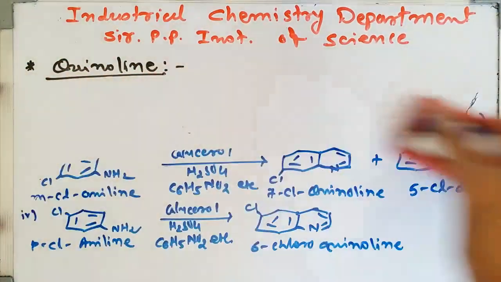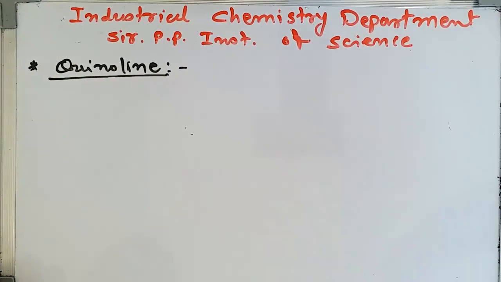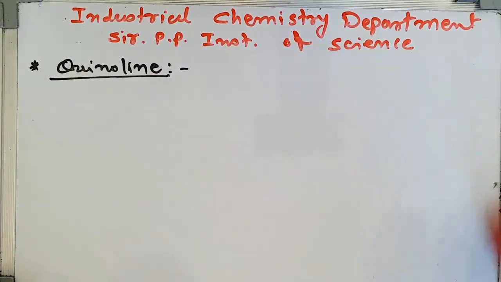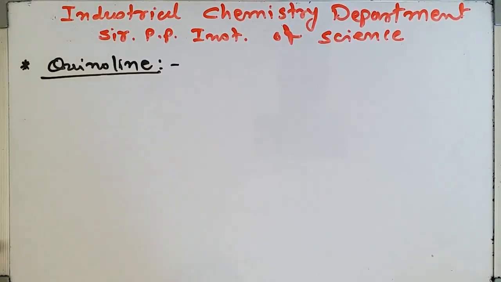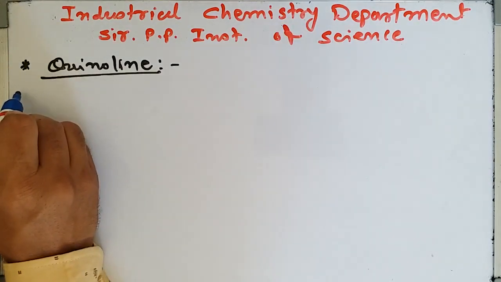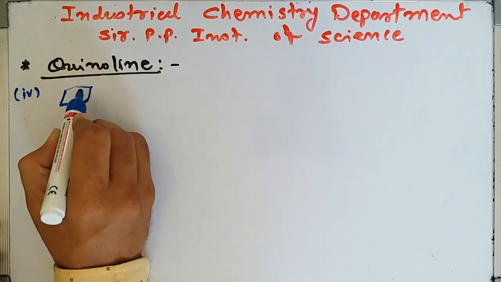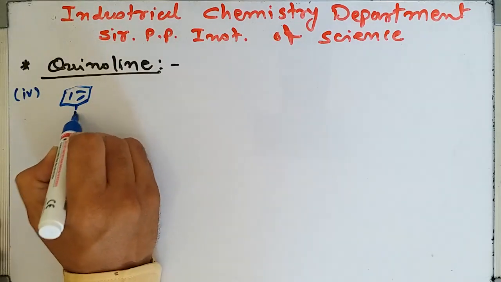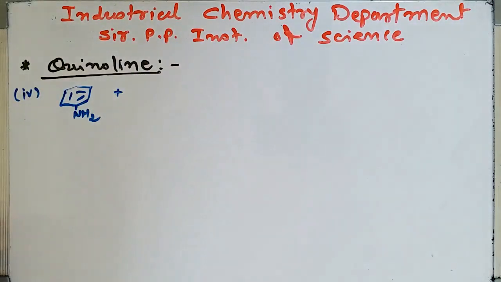So I rub out this ortho, meta and para substituted aniline and we see more examples. Aniline is treated with crotonaldehyde.